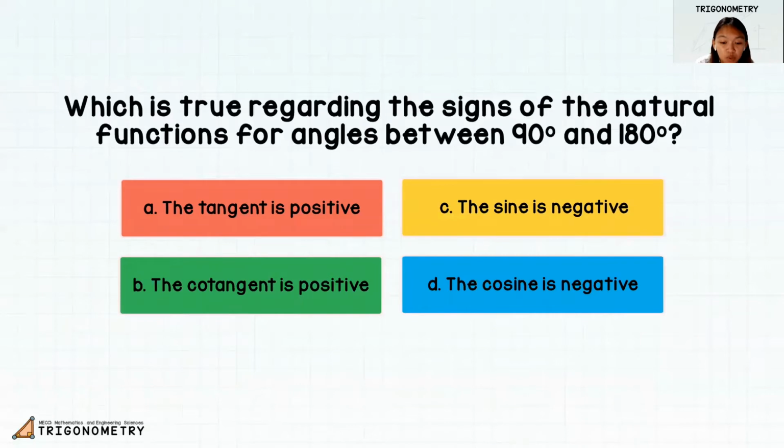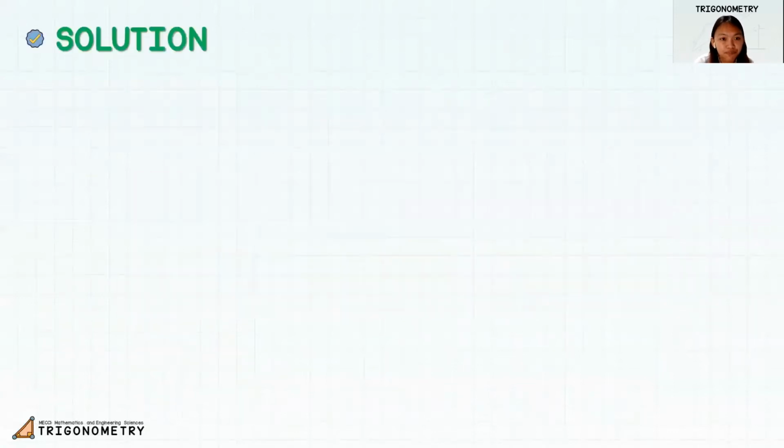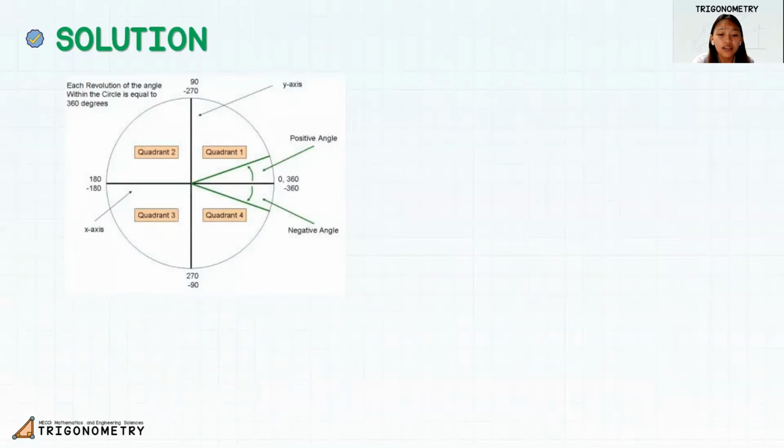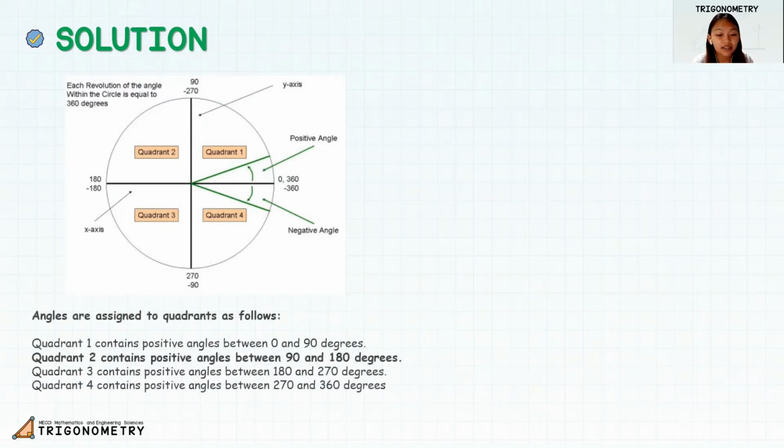Based on what was mentioned, we have to find the sign of the natural functions in the angles between 90 degrees and 180 degrees. Looking at this coordinate plane, each of its quadrants contains angles, and the angle asked in the problem can be found in quadrant 2, which consists of positive angles between 90 and 180 degrees.